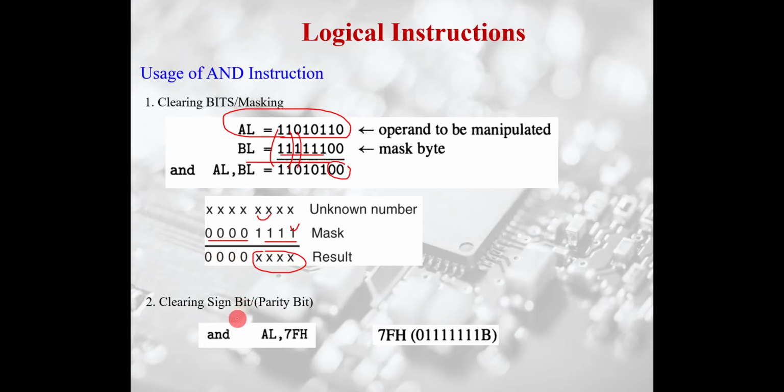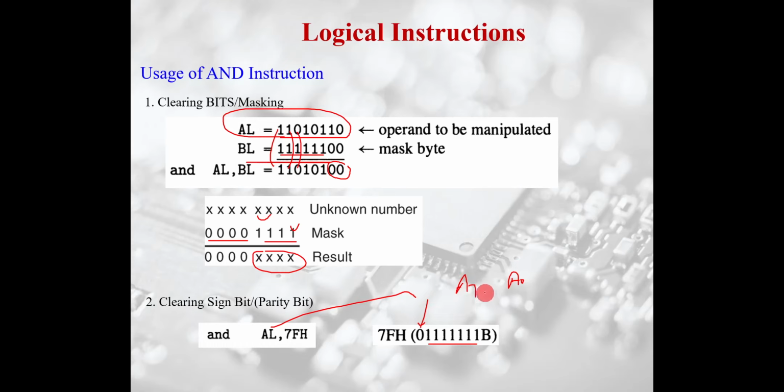Similarly, there could be a case where I want to force a 0 into the sign bit, the most significant bit. So I can do AND AL with 7F hexadecimal. 7F looks like this in binary. For the AL register, you have bits A0 to A7.